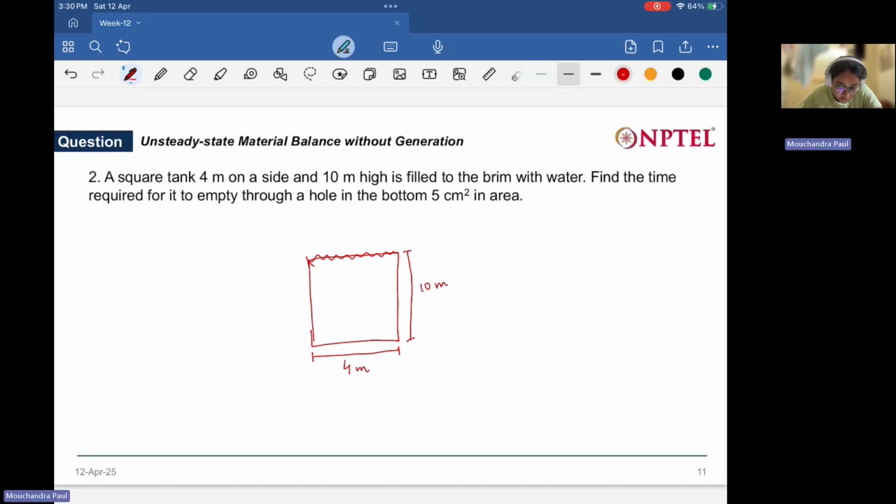So this is the hole. This is the small hole in the bottom whose surface area is 5 centimeters square, and water will come out. So we have to find the time T required to empty the tank.